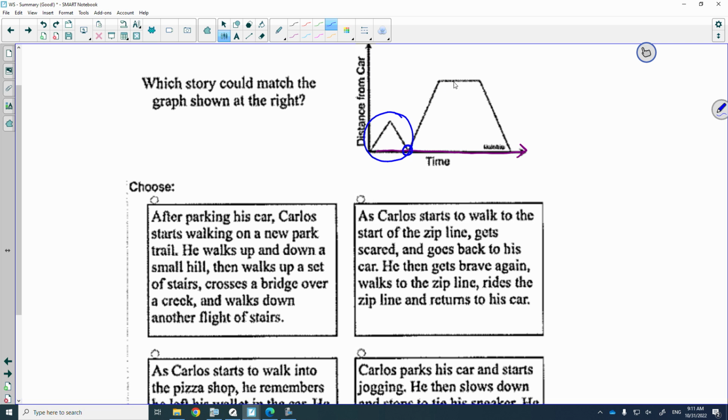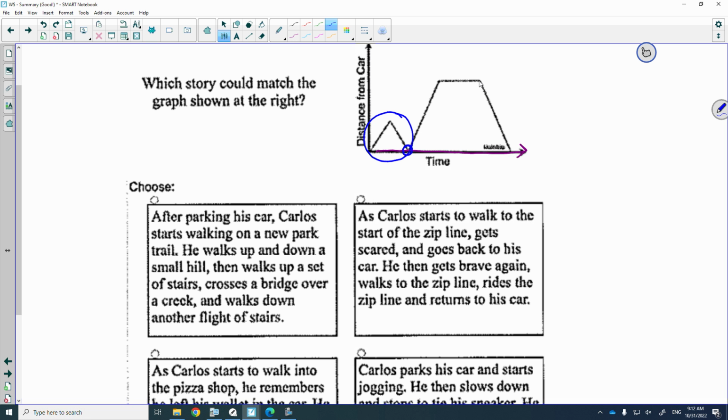Can somebody tell me what this could represent? What would you say, Gabriel? That's right. He's not walking here, right? Time is going on, but he's in one location doing something for this portion.